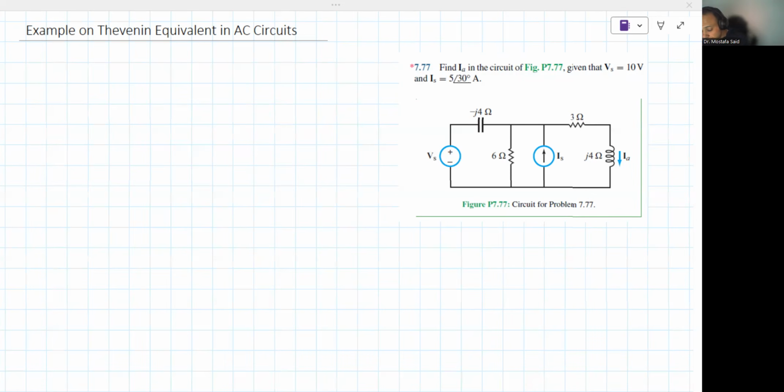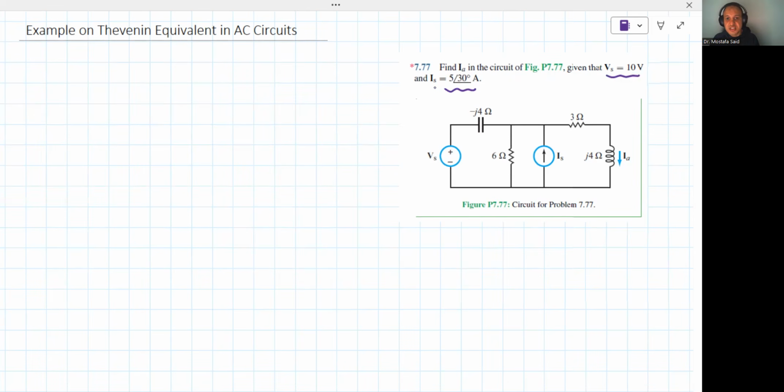Remember the question, with that example, I'm going to highlight it again. We have here a circuit. It's an AC circuit, has a capacitor with minus j4 reactance, has an inductor with j4 reactance. It has a current source with a value of 5 angle 30, and it has a voltage source with a value of 10.